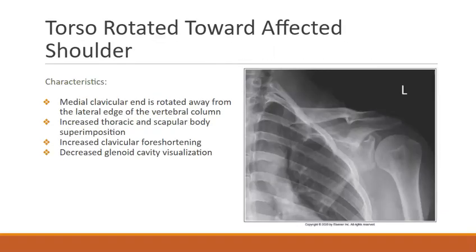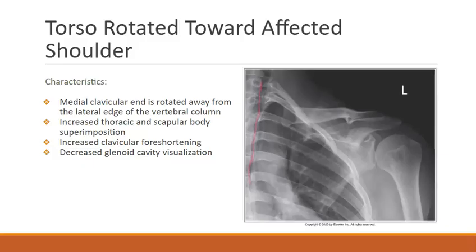Now that we've talked about how mid-coronal plane tilting affects the AP projection of the shoulder, let's take a look at how torso rotation affects shoulder projections. When the torso is rotated towards the affected shoulder, you'll notice several key changes on the projection.